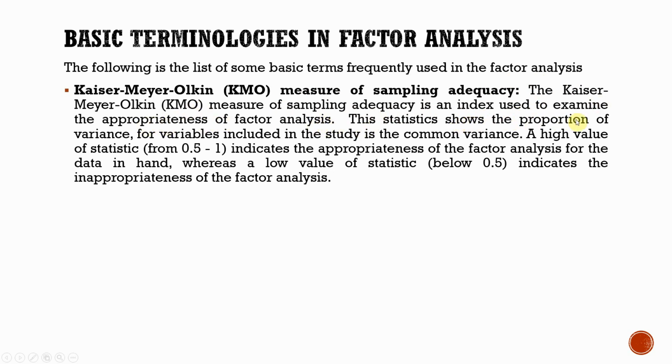This statistic shows the proportion of variance for variables included in the study that is common variance. A high value of the statistic, from 0.5 to 1, indicates the appropriateness of factor analysis for the data in hand. So in simple terms, it shows whether or not the sample that you have at hand is adequate for factor analysis.